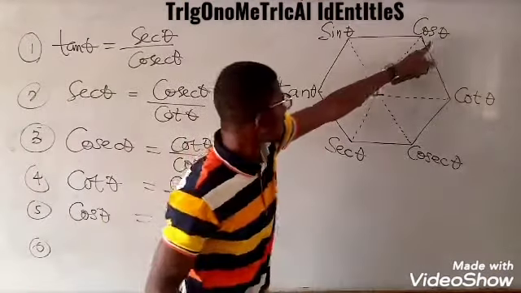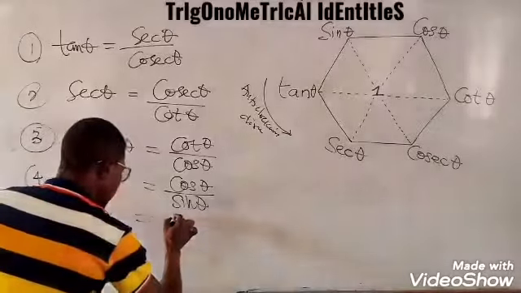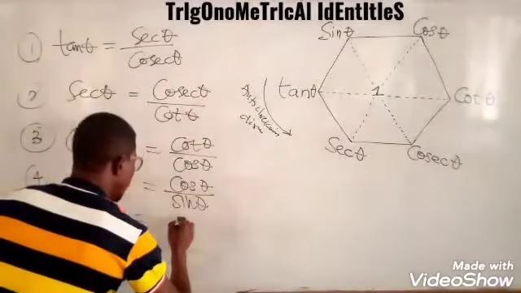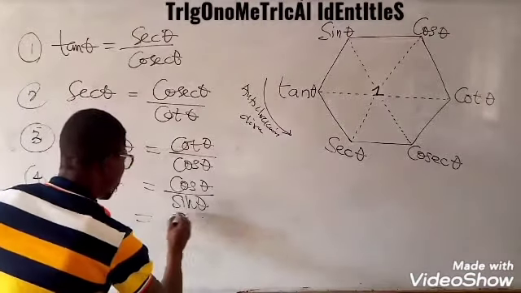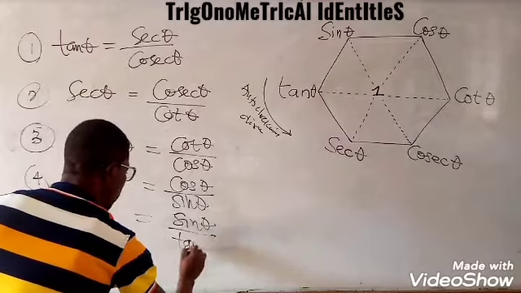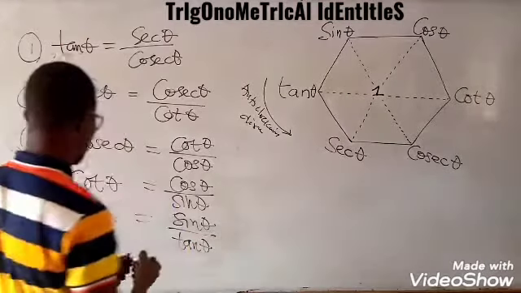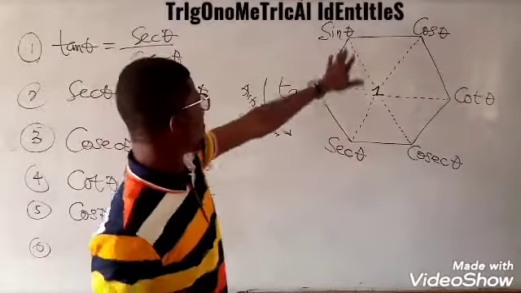So cos theta equals sin theta divided by tan theta. Lastly, we have sin theta.